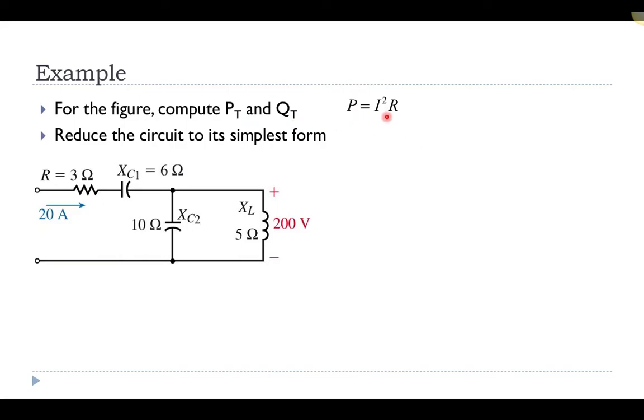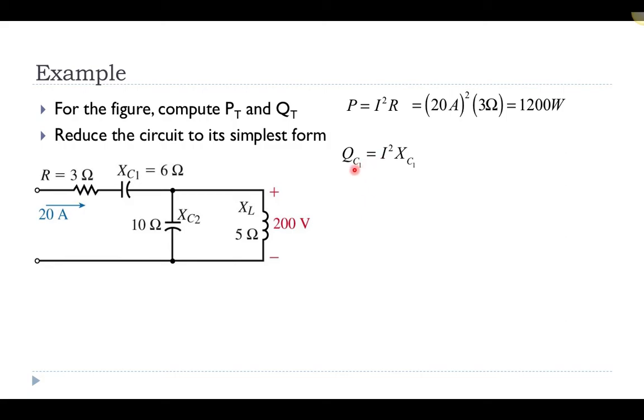So to find the real power in the circuit, I can take the current squared times the resistance. I know that the current is 20 amps, the resistance is 3 ohms. 20 squared times 3 ohms gives me 1,200 watts. In order to find the total reactive power, I have to find the reactive power for each of the different components.